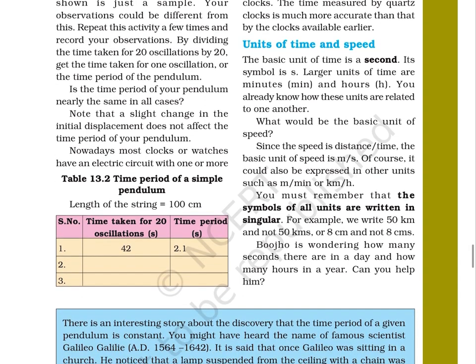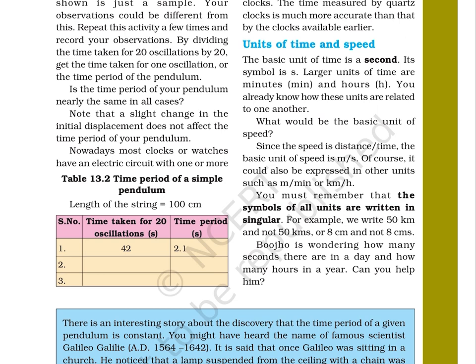Table 13.2 Time period of a simple pendulum. Length of the string is equal to 100 centimeter. There is a table given here. In this table, there are 3 columns and 3 rows. In the first column, we have serial number.